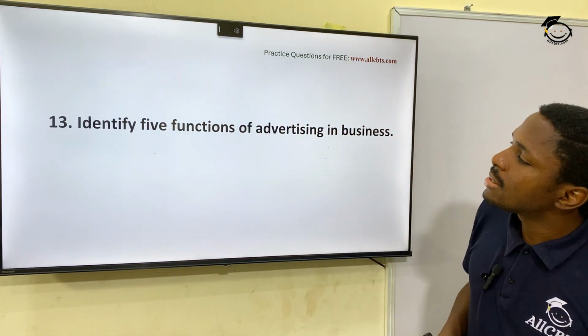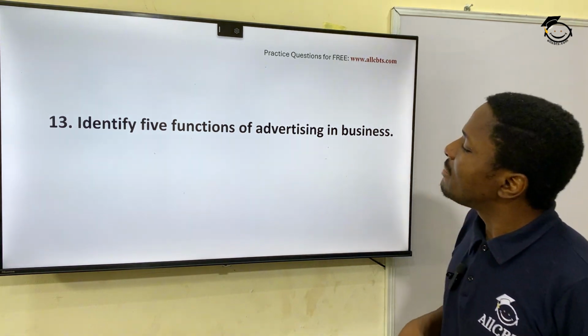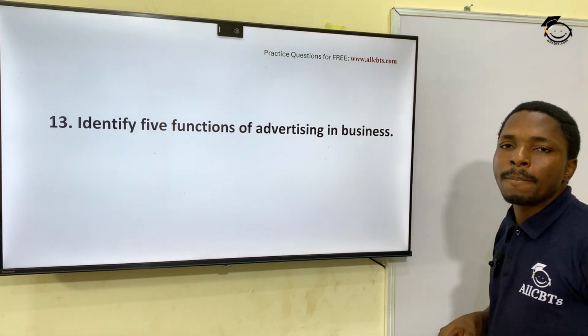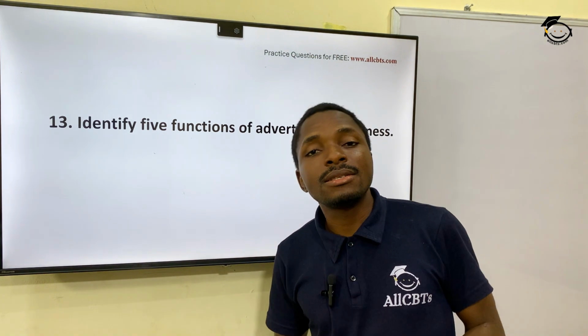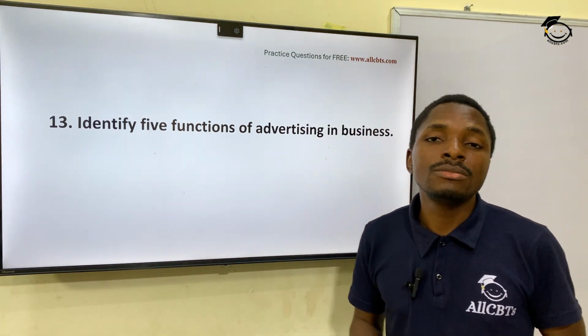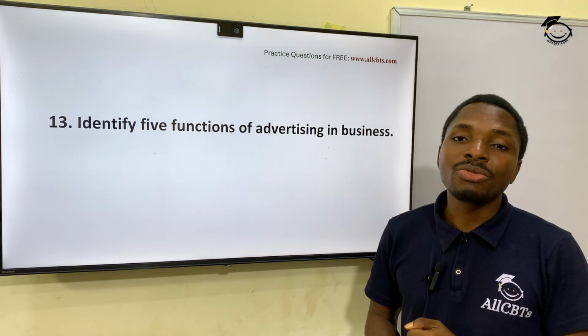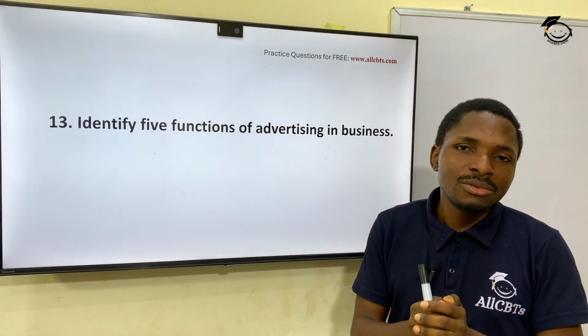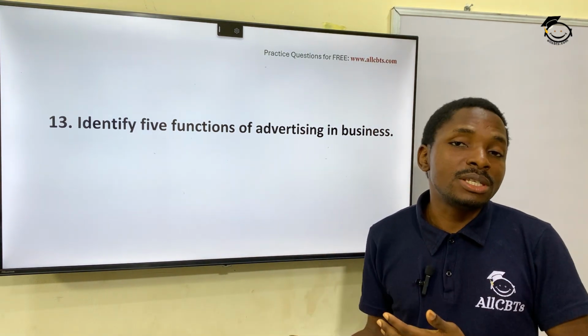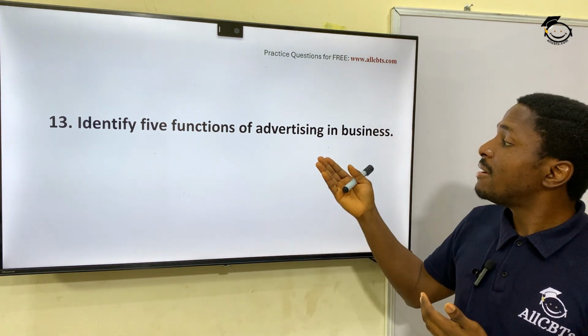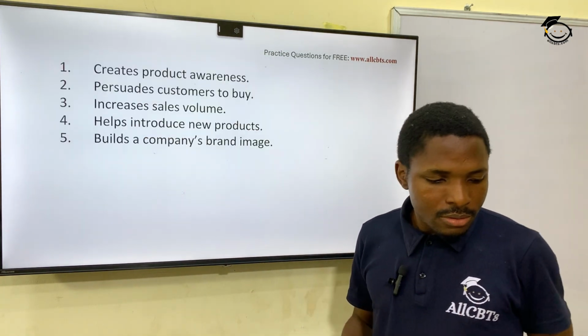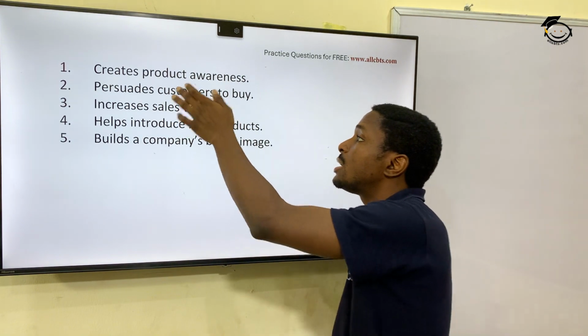And then next, identify 5 functions of advertising in business. Why do we advertise? Is it good? Some of you sell things on social media. Why are you advertising? You can just think about it and put it down. Identify 5 functions. 1 is create product awareness.